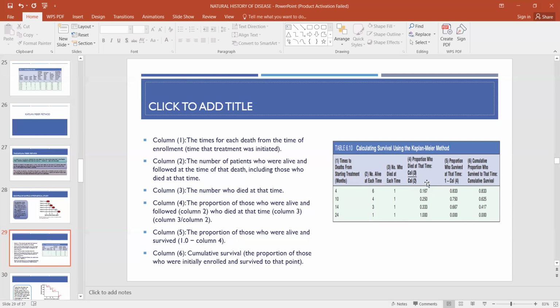Column 4, the proportion of those who were alive and followed who died at that time. So we divide column 3 by column 2 to get this proportion. Next is column 5, the proportion of those who were alive and survived, so we subtract column 4 from 1. And this is column 6, the cumulative survival, the proportion of those who were initially enrolled and survived to that point.